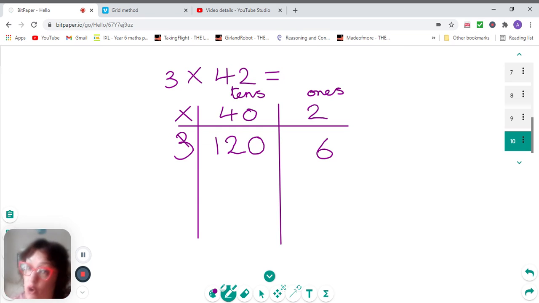Now you can either do the column method here to do 120 add 6, or you can do that in your head, and I can do this in my head. So I know that 120 add 6 is 126.